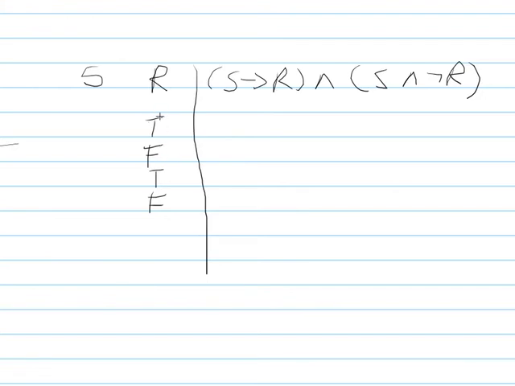And we know the number of rows will be 4 because the number of rows is 2 to the power of n, where n is the number of atomic sentences, so it's 4. So we alternate between true and false 4 times, and then we move to the left to the other sentence letter. And here we alternate by doing two truths and two falsehoods. So now we know all the possible combinations of truth values for S and R.